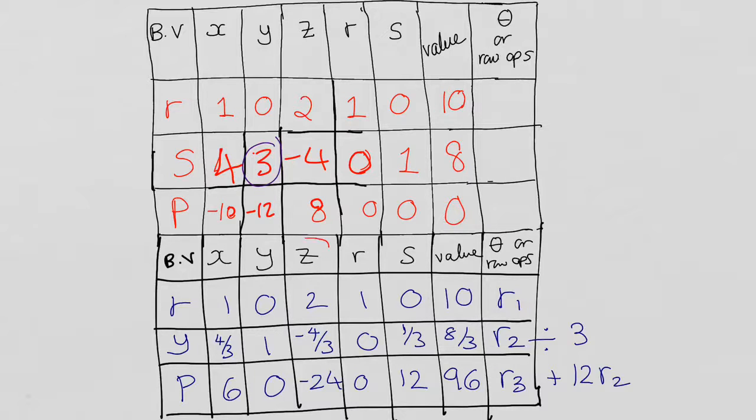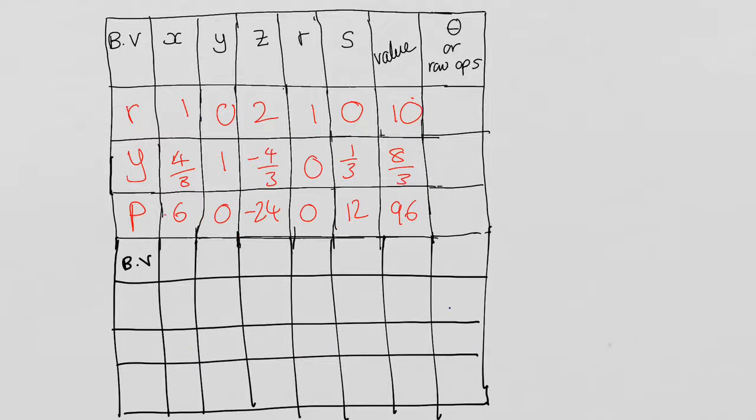So we've got a pivot column here, and we'd have to work out our pivot row. Okay, so moving to my next slide, I've copied the table across. To work out my pivot row, so I said this was my pivot column. Remember, we're going to work out our theta.